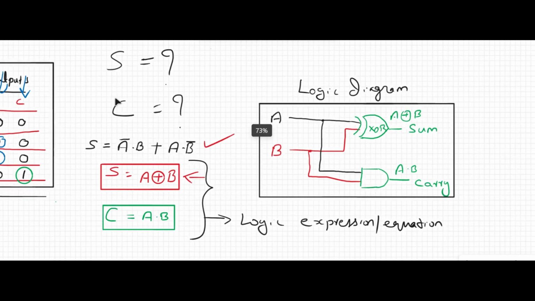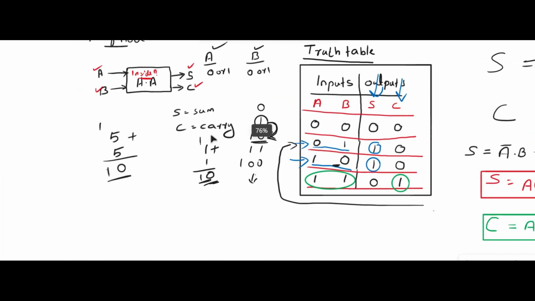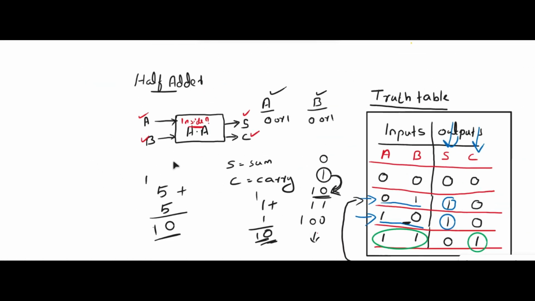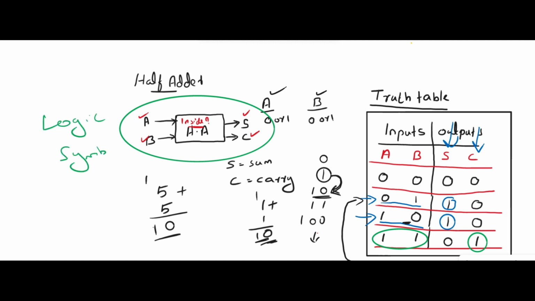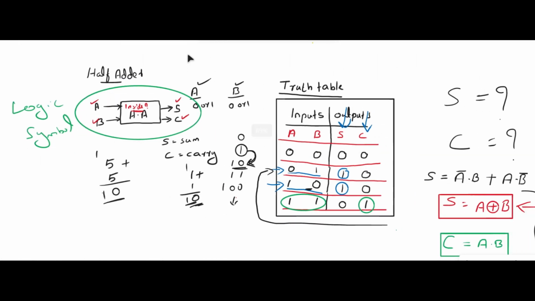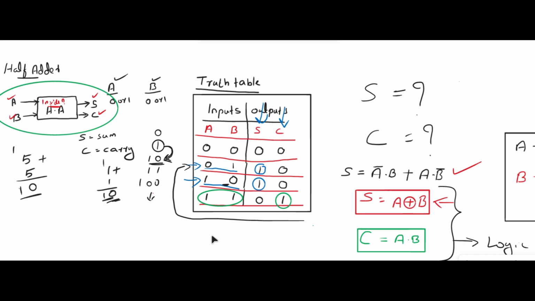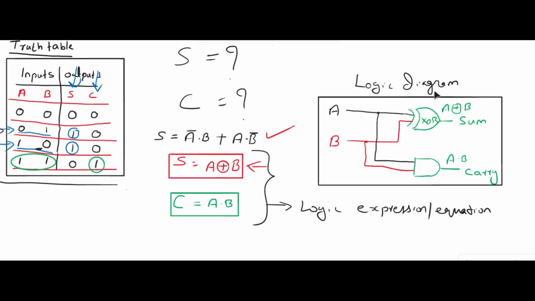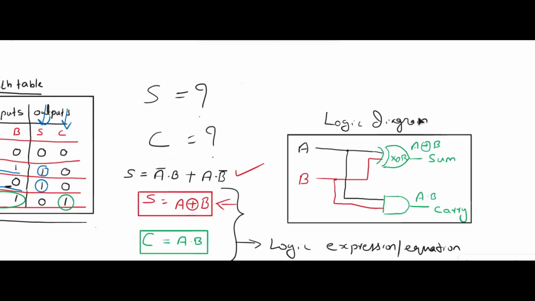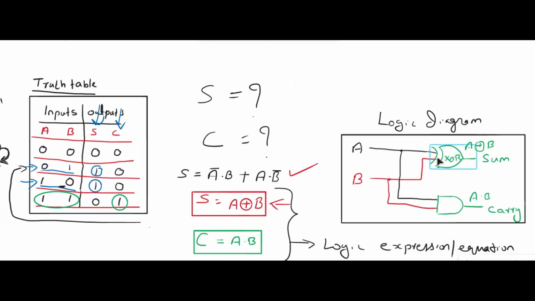And the first one we have drawn, this one, is known as the logic symbol. So don't forget about these terms. This is the logic symbol, this is the truth table, this is the logic expression, and this is the logic diagram. And this is all about the half adder.